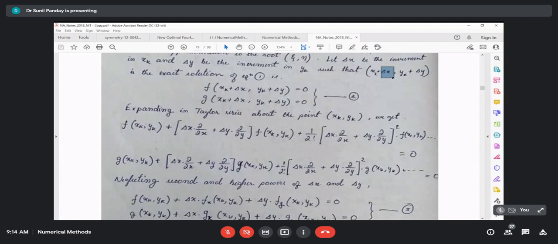So delta x squared terms are negligible compared to delta x. Similarly, the delta x into delta y term is also negligible.